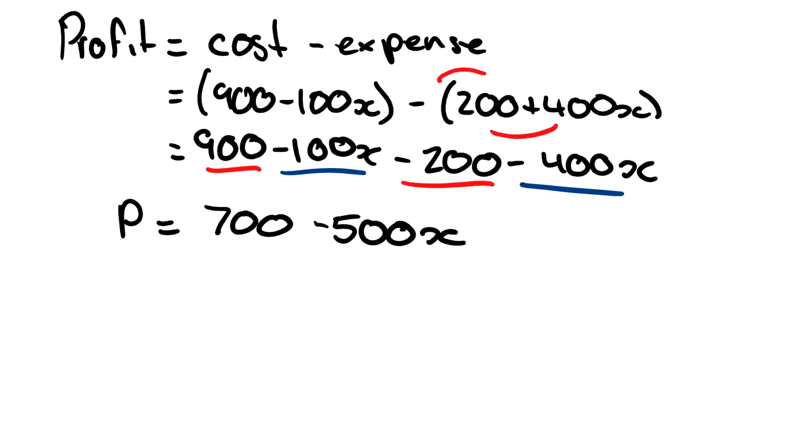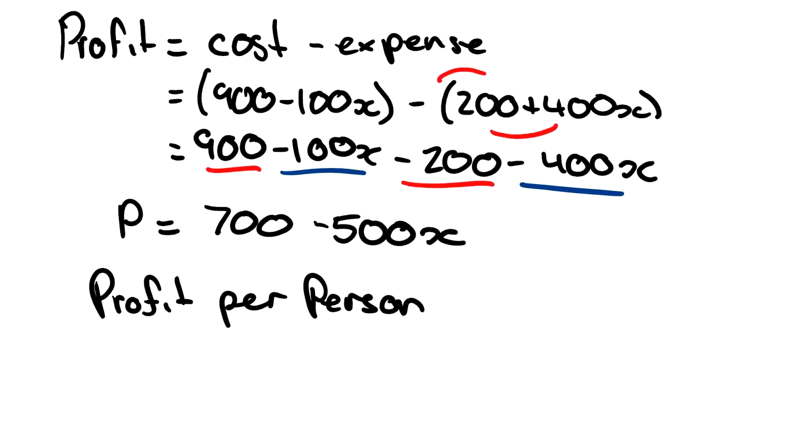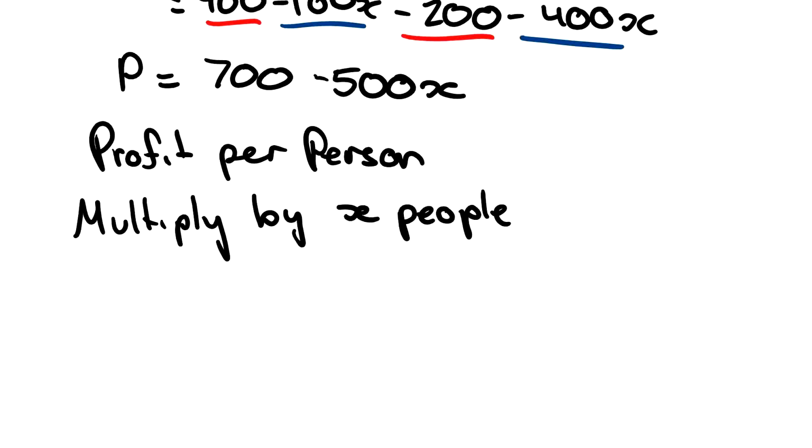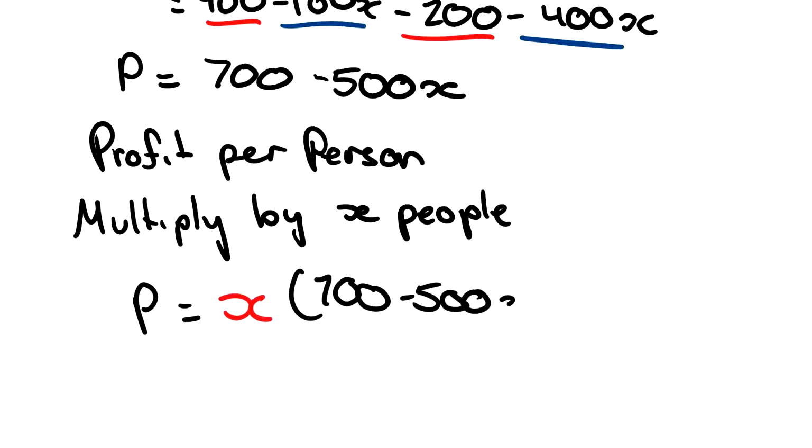Now this is per person, so this is the profit per person. If we wanted to find the profit for the group, we need to multiply by x people. So P is going to equal, I'm going to put it in red so it really stands out, x times 700 minus 500x.